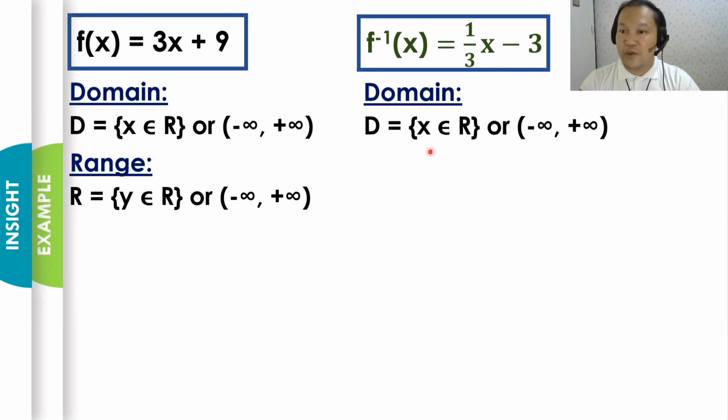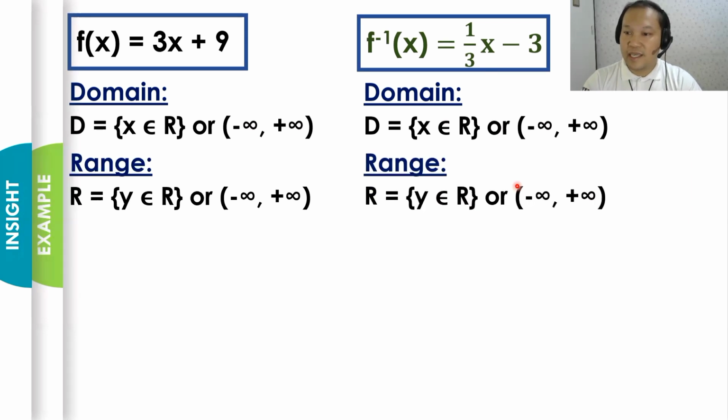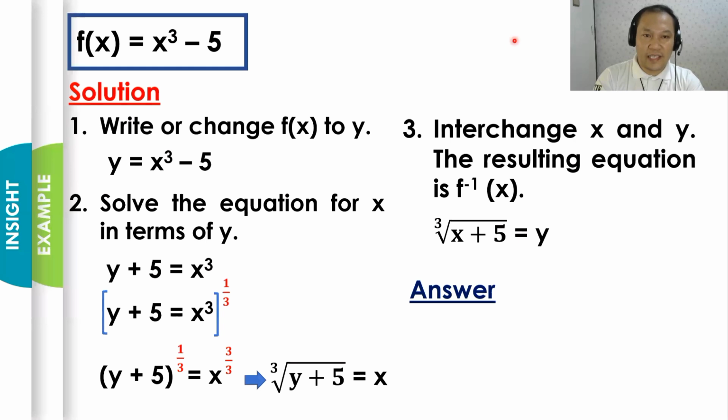And since we can use any number for our x, the output, which is the range, is y is any real number, or negative infinity to positive infinity. This is for linear functions. Another example that we have is f of x is equal to x cubed minus 5.